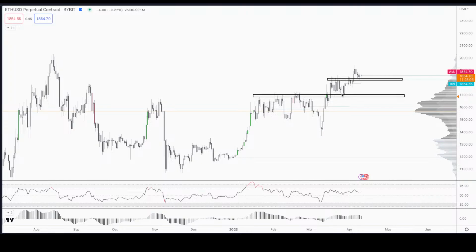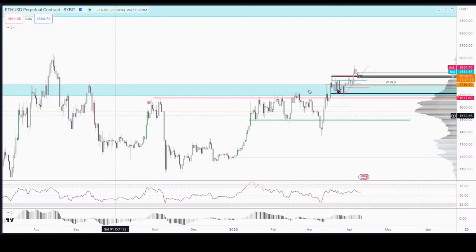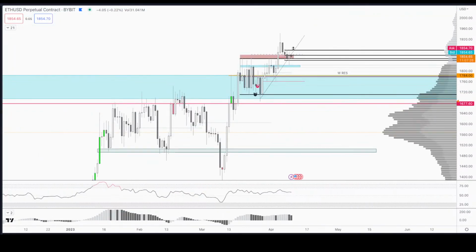But this level is protected and ended up with a fresh high. But we also have this range here, right? Yeah, exactly, this range here.